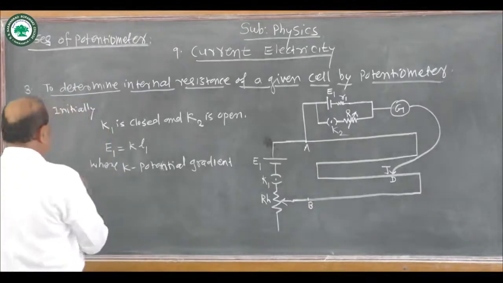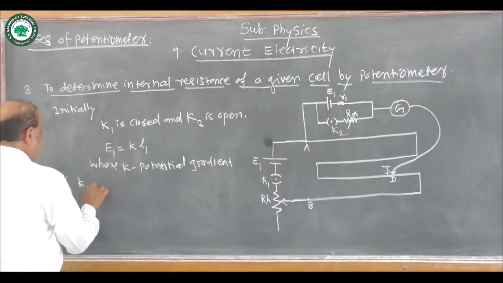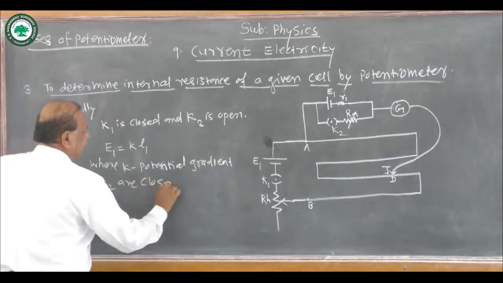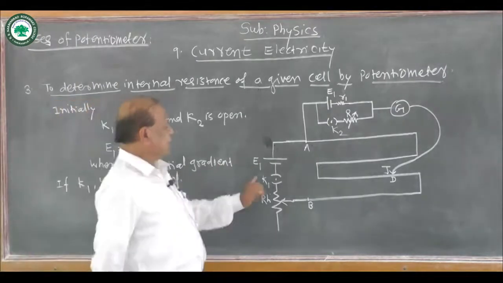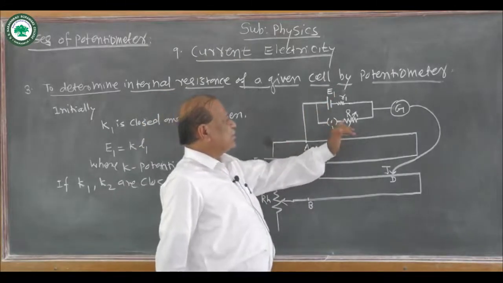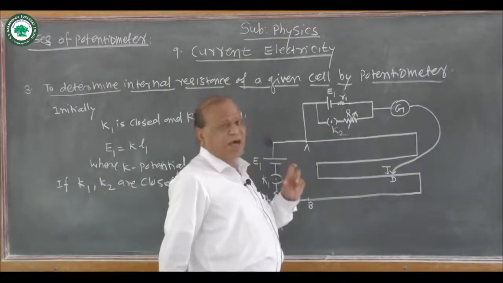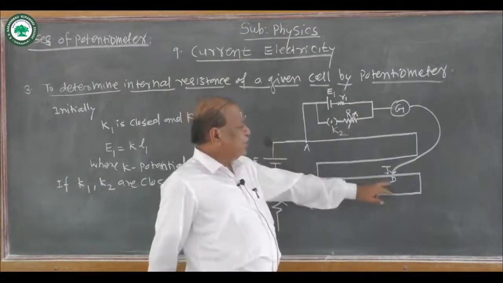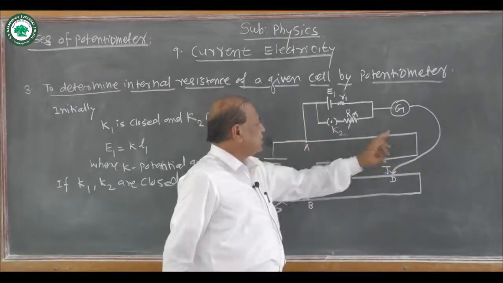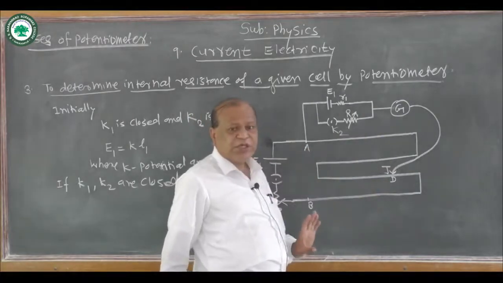Now, in the next step, K1 and K2 both are closed, then this resistance R is in the circuit. For a suitable value of R, we find the point D by touching the jockey on this conducting wire AB, at which the galvanometer shows zero deflection.